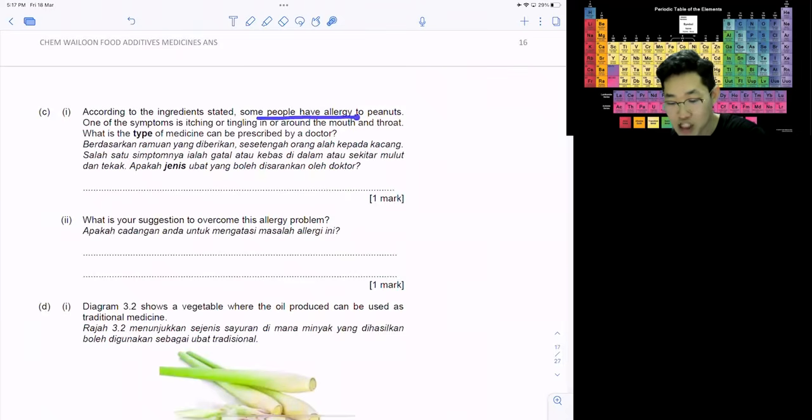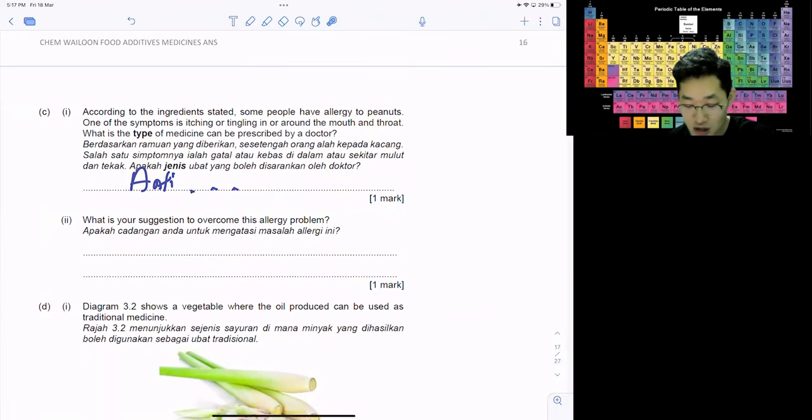Some people have allergy to peanuts. One of the symptoms is itching around the mouth and throat. What is the type of medicine that can be prescribed by a doctor? Allergy, so we give anti-allergies, correct? Okay. What is your suggestion to overcome the allergy problem?